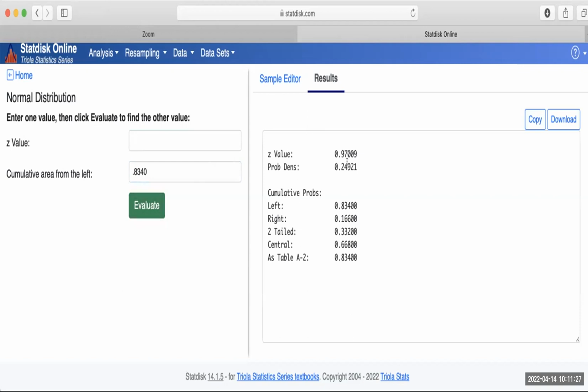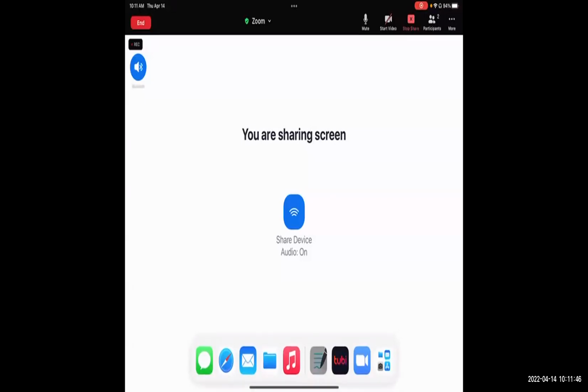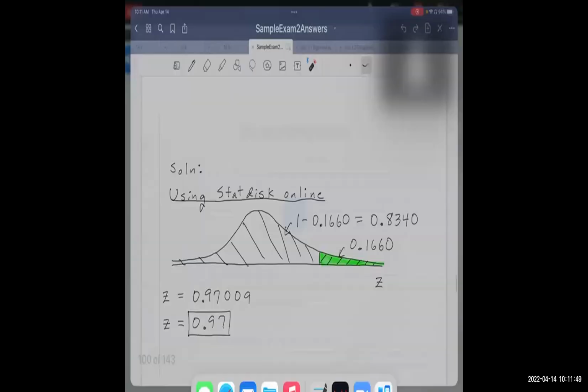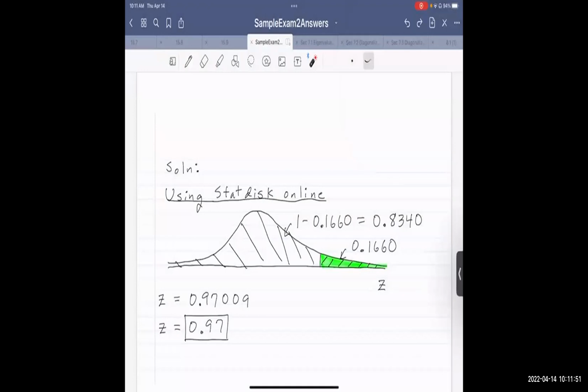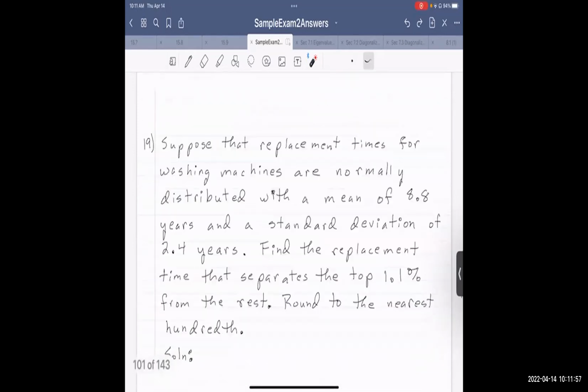And I get, if you look, the Z value is 0.97009. Let me write that down. Rounding to the nearest hundredth, 0.97.